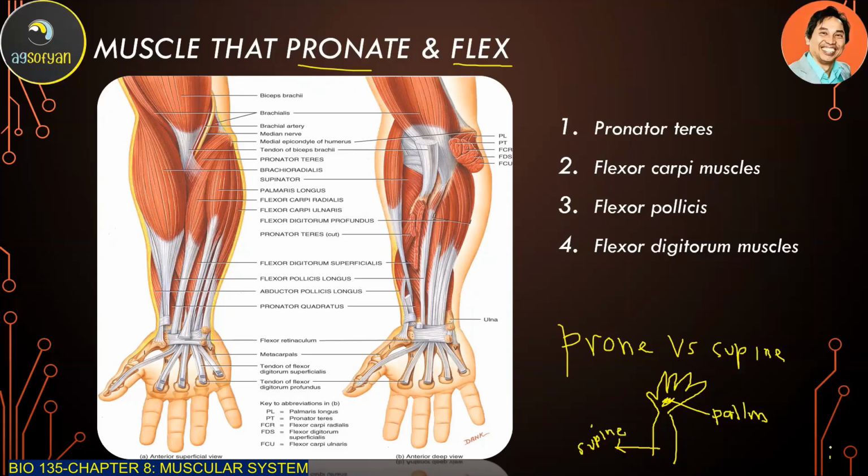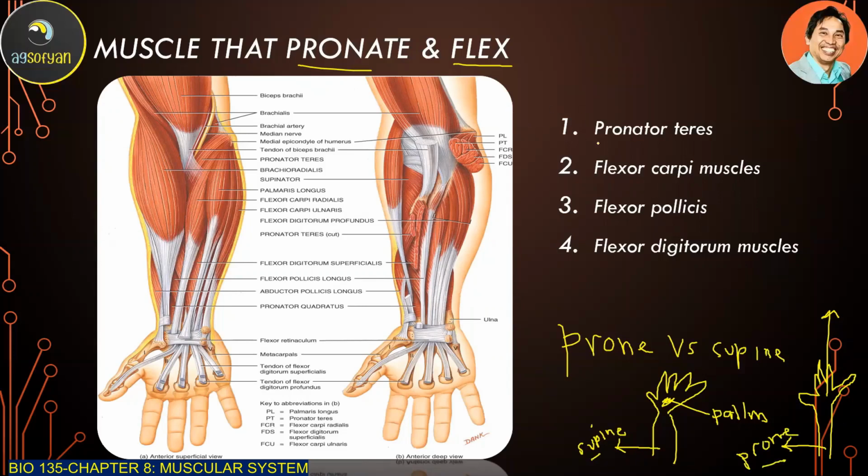But if you look at your hand like this, and you see the dorsal or the other side of your palm, you cannot see your palm. So this position is called prone. When you see the back of your hand, you are seeing the prone position. Just remember that first.